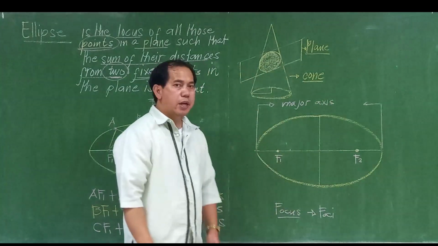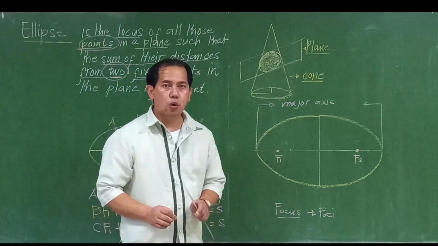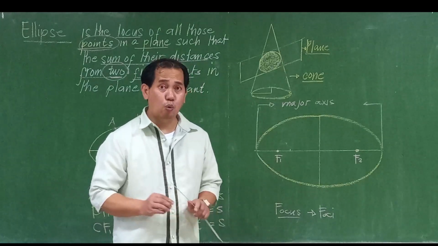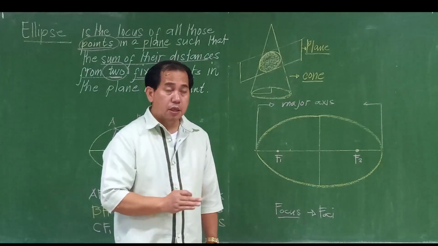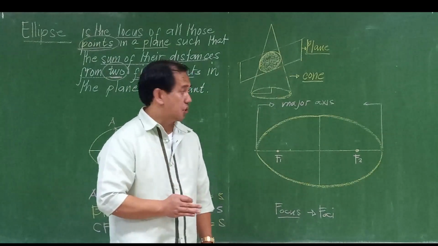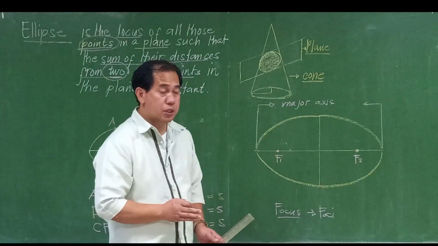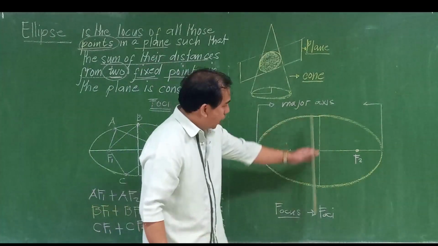Now, when we have a major axis, we also have the minor axis. And what is the minor axis? It is the shortest axis that you can see in an ellipse. So, where is that? The y-axis.